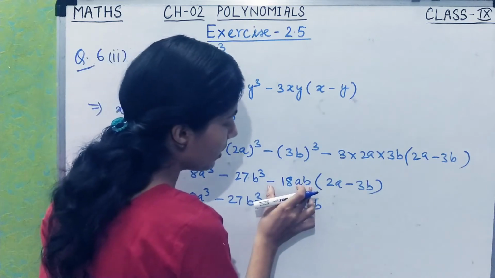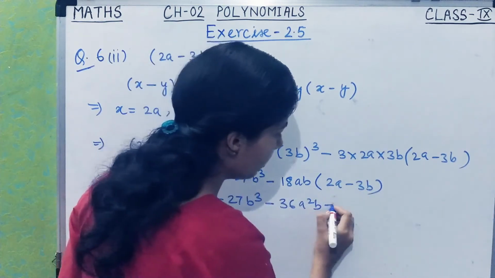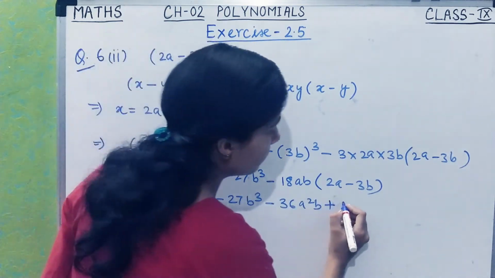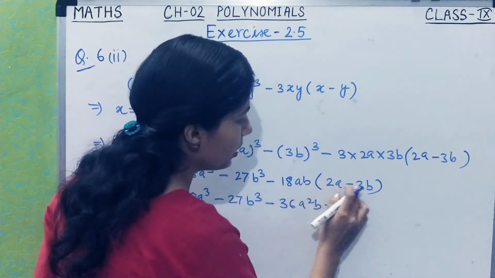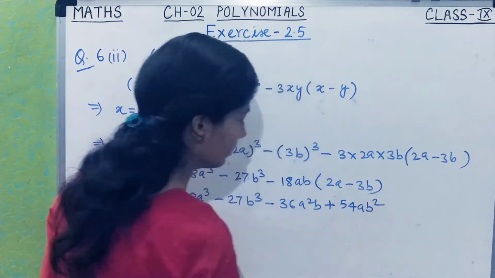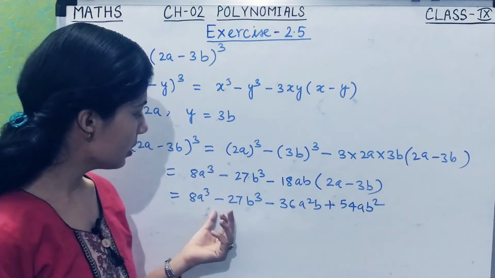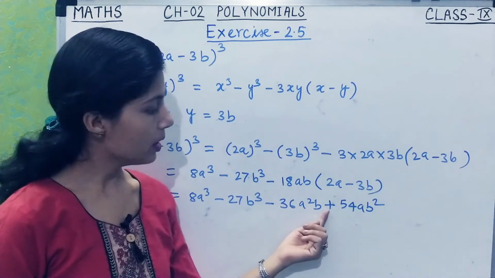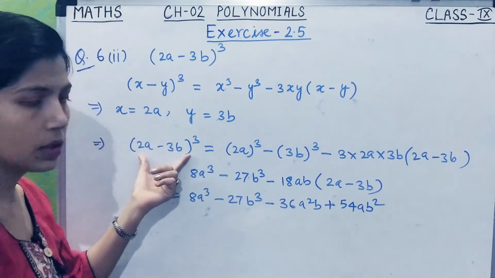Now minus 18ab into minus 3b: minus into minus will be plus, and 18 times 3 is 54, a into b into b is a b square. So our expanded form, that is 8a cube minus 27b cube minus 36a square b plus 54ab square, is the expanded form of this cube.